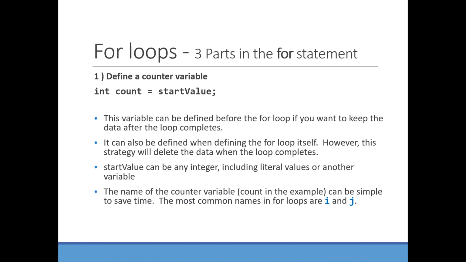Okay. The name of the counter variable. Now you can see here I'm using the variable name count. And the only reason I used that was to keep it simple so you understood that that's what it represented. But typically speaking, we like to shorten things up in our code. And this is the one time that you're ever really allowed to do this: instead of having a descriptive variable name, typically speaking, we use the variable names i and j for our counter variables.